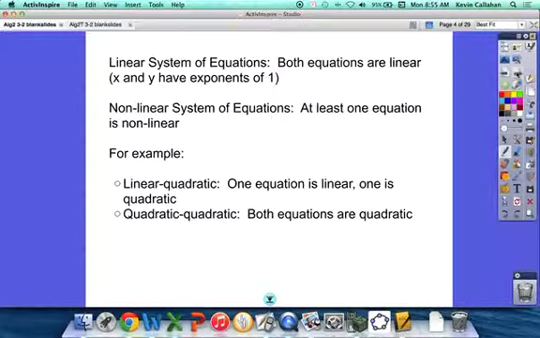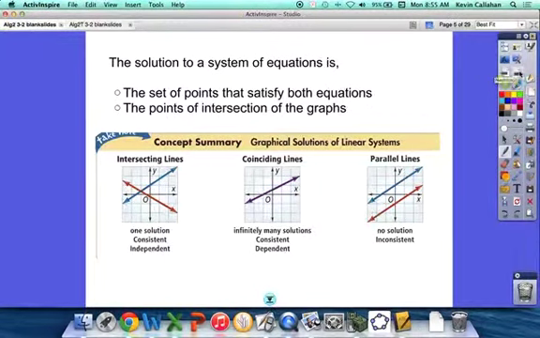Okay, the solution to a system are the points that satisfy every equation. If it's just two equations, then it's the points that would satisfy both of them. If you graphed them, it would be the intersection point.